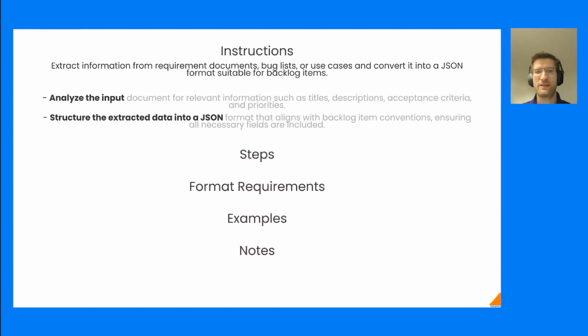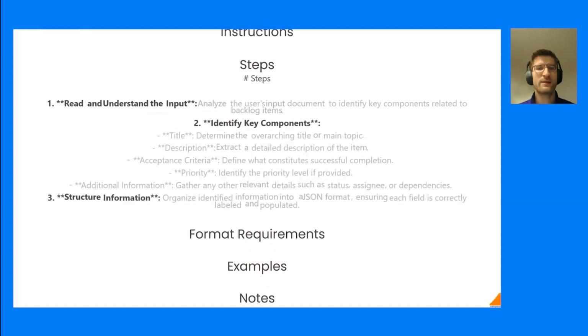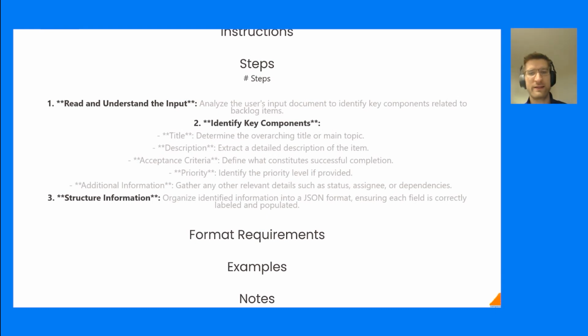So extract the information from requirement documents, analyze the input, structure the extracted data into JSON. So instructions, usually we don't struggle with that. But the other 4 is where we sometimes forget to include them. Steps, we already saw. Chain of thought, right? We have 3 steps. Read and understand the input, identify key components, structure information.